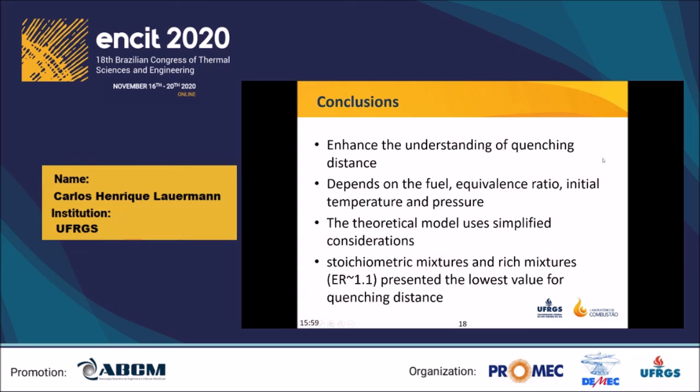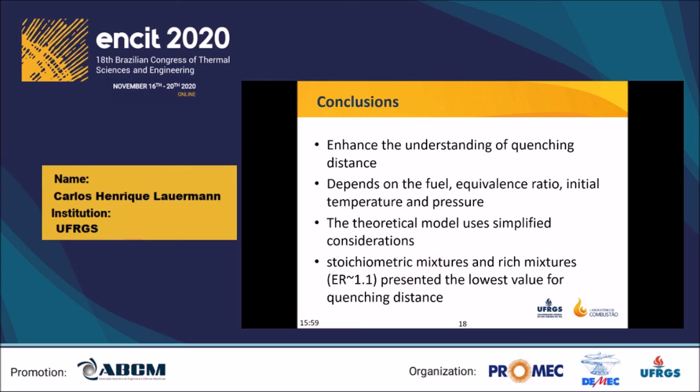So the conclusions are that doing this work, it was possible to enhance the understanding of quenching distance, and quenching distance depends on the fuel, on the equivalence ratio, and the initial temperature and pressure. The theoretical model uses simplified considerations.